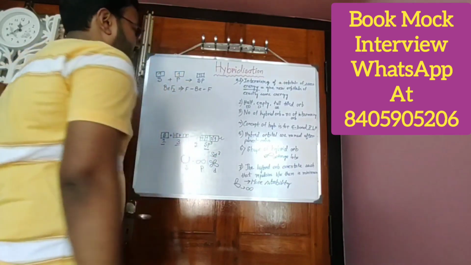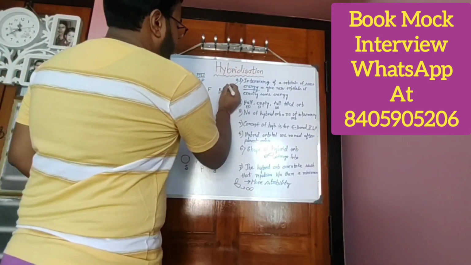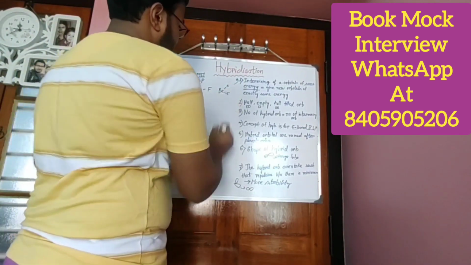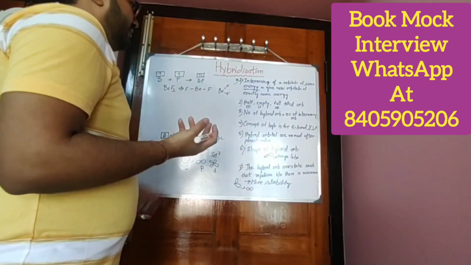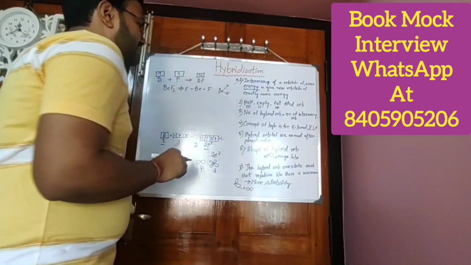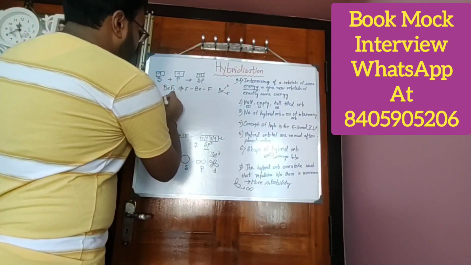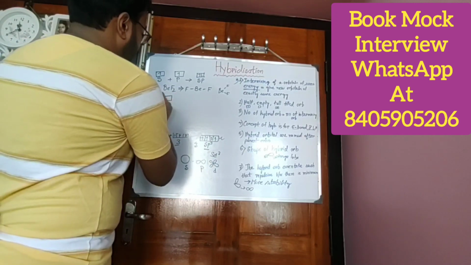Now you can ask me, why does Be not make bonds with F like this? Absolutely true question. They should make bonds like this. Why? Here is the application of hybridization. Be has 4 electrons.